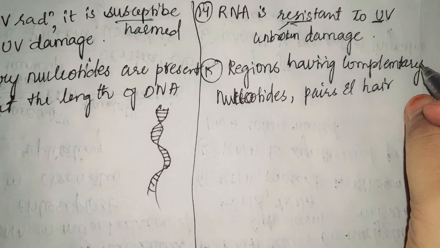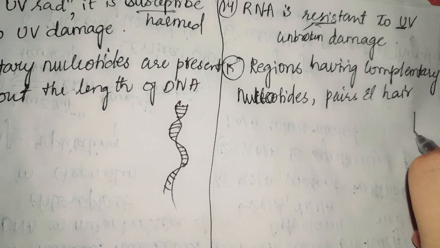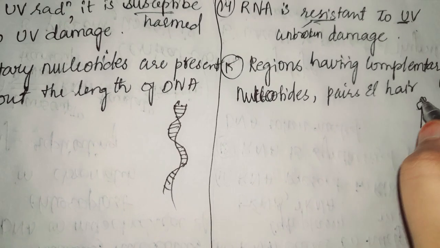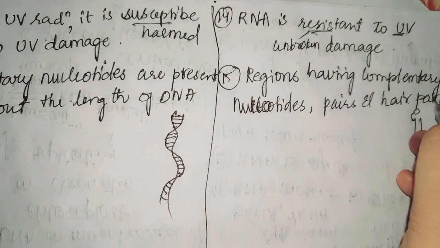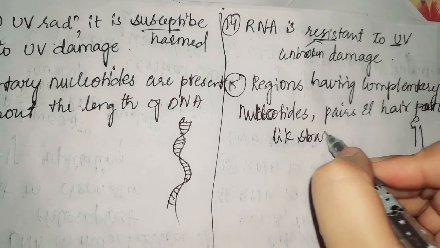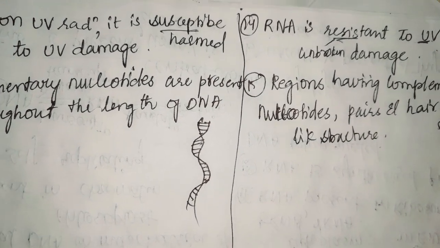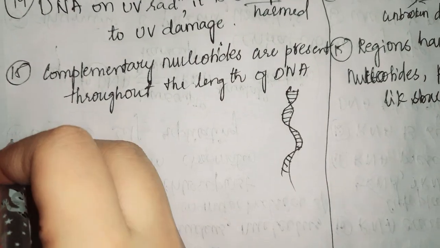If we see the tRNA structure, at the initial point of the tRNA they will form a hairpin-like structure. When we see the types of RNA, we'll discuss that hairpin structure in the tRNA. So this is also a difference.